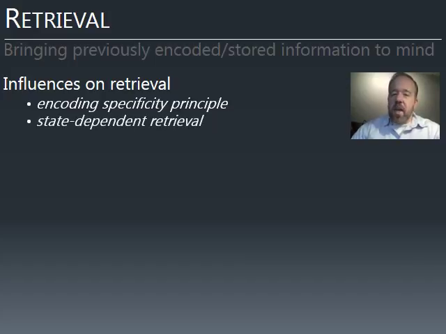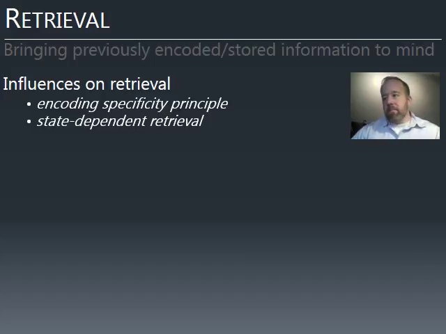There's also what's called state-dependent retrieval. And this is more internally focused. So the encoding specificity principle deals largely with external context. State-dependent retrieval is more about internal context. So if you're in a certain emotional state, it will be easier for you to recall information or events that you witnessed if you witnessed those things in a similar emotional state.